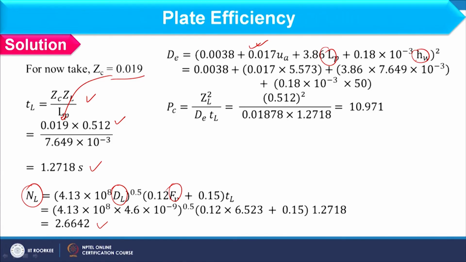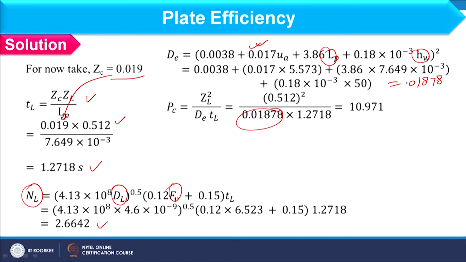Because these are empirical correlations, we should use the parameters as per the requirement of these correlations. So, here eddy diffusivity can be obtained as 0.01878. When you solve this equation, it should come out as this.